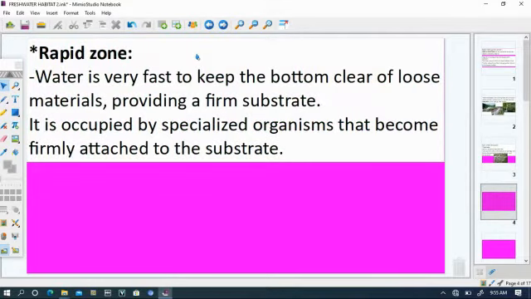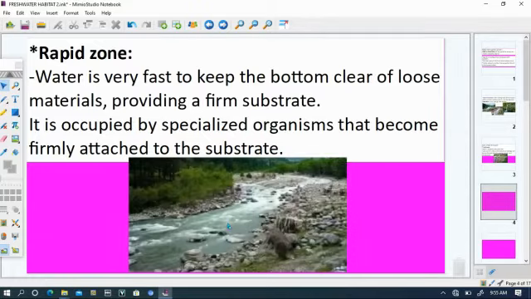The rapid zone. At the rapid zone, water is very fast to keep the bottom clear of loose materials, providing a firm substrate. It is occupied by specialized organisms that become firmly attached to the substrate.